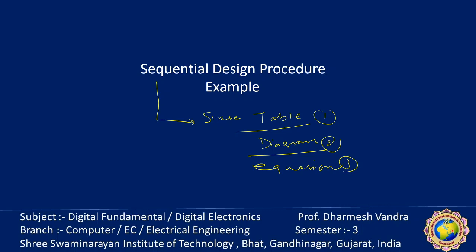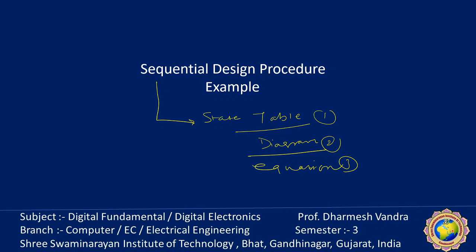The combinational circuit is derived from the state table by methods which we already saw in the previous lectures. Once the type and number of flip-flops are determined, the design procedure involves the transformation of the sequential circuit problem into a combinational circuit problem. In this way, the techniques of combinational circuit design can be applied.